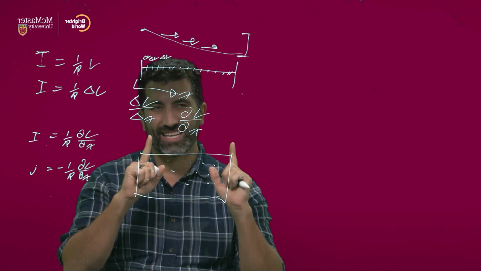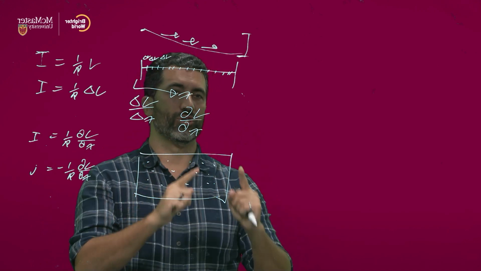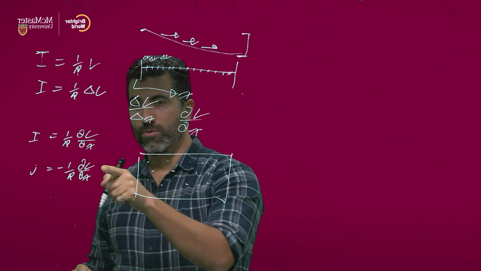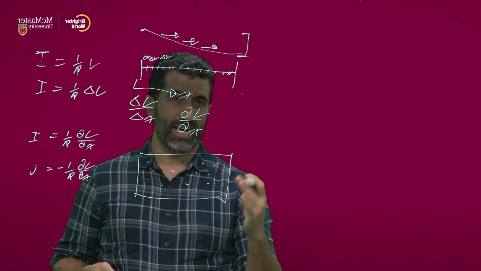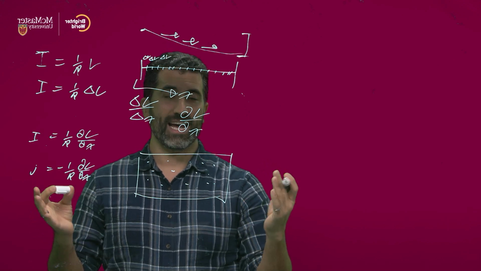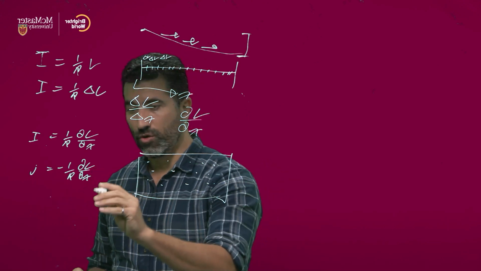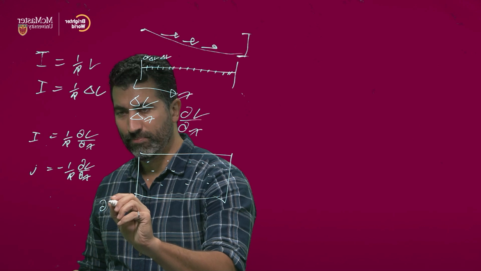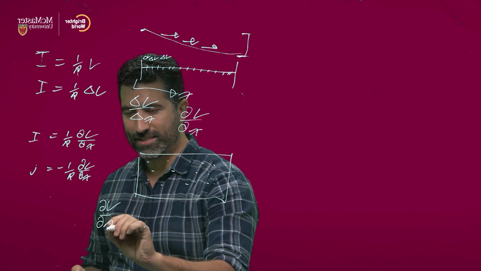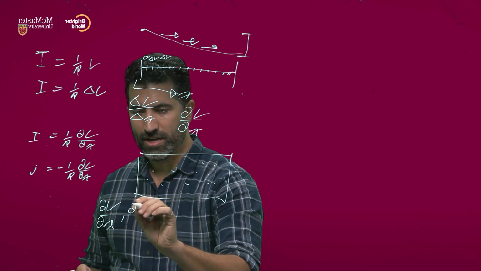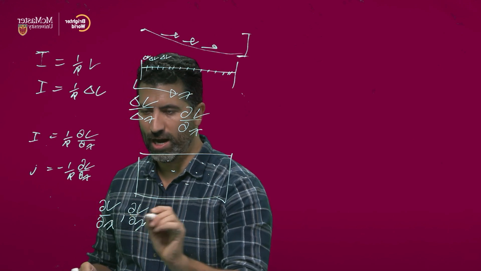Turns out it is exactly analogous in multiple dimensions. But now, instead of just saying dV by dX, we need the 2-dimensional analogy, which is called the gradient. And the gradient is quite literally dV by dX, as a vector, dV by dY.